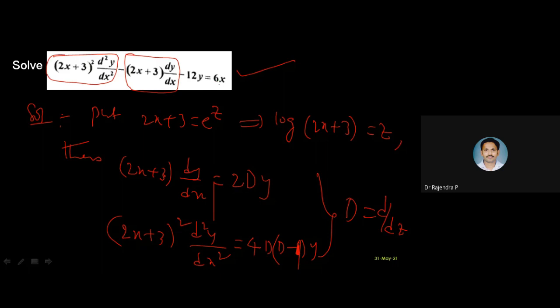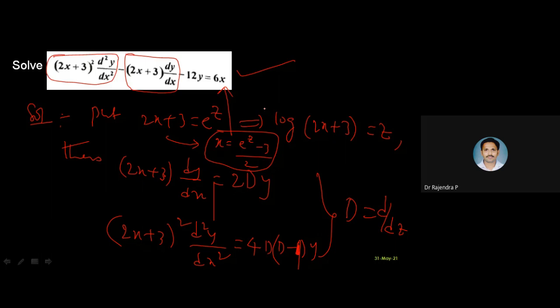In place of 6 into x, we can solve for x also. 2x plus 3 equal to e power z means x is equal to e power z minus 3 by 2. So I can substitute this here. So the entire problem, I am able to convert from the Legendre differential equation into a linear differential equation with constant coefficients. That is our basic idea, the whole thing we are doing here.